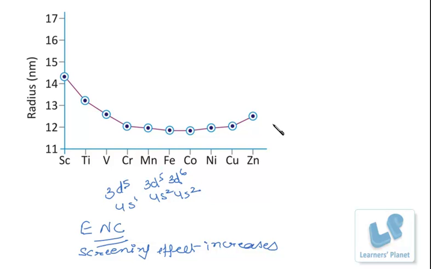So both balance each other, and so the atomic radii remains almost constant, but it increases at zinc because of all the paired electrons. That is, at zinc the configuration is 3d10-4s2. The electronic repulsion forces are high and so the radius increases. Now let's see the ionic radii of these elements.